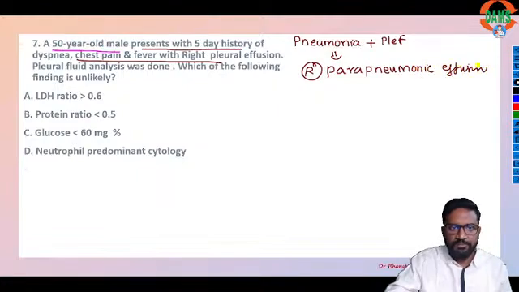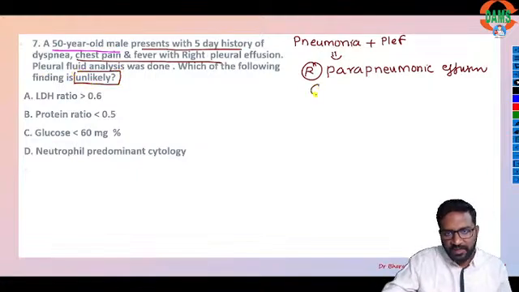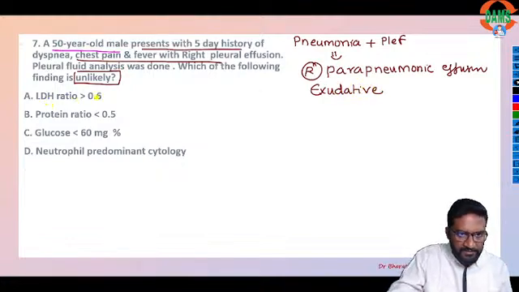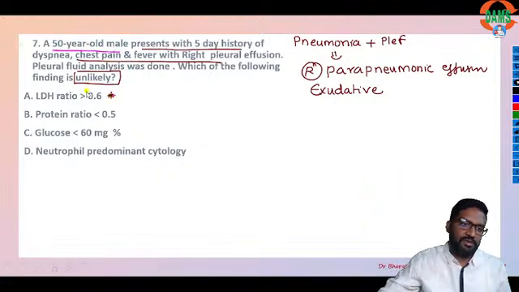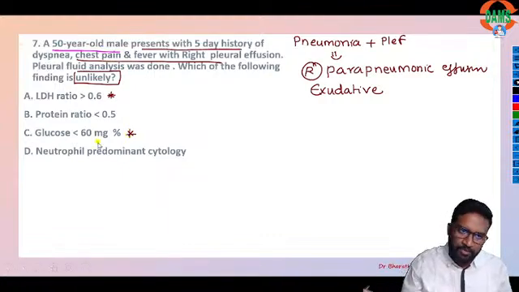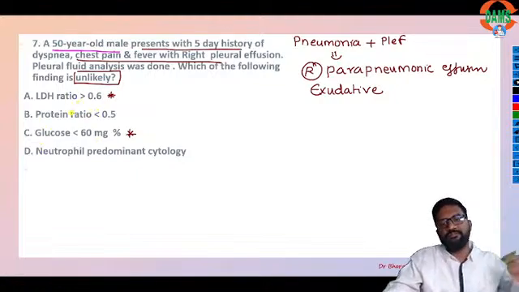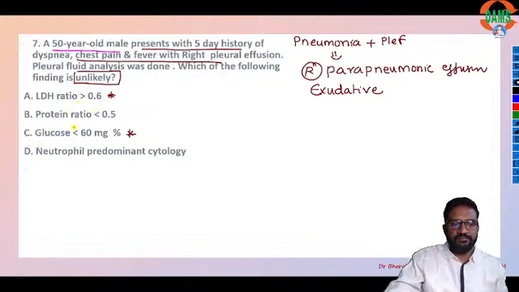So what will be the unlikely finding? This is an exudative pleural effusion for your information. And because it is an exudative pleural effusion, Light's criteria, LDH ratio can be elevated. And if it is an infective going into more pus formation, glucose can also be less than 60 mg%.